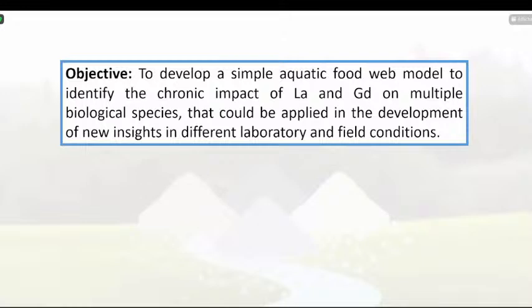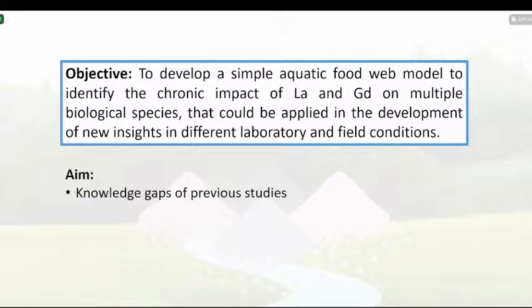So my objective with the development of the food web model is to develop a simple aquatic food web model to identify the chronic impacts of two rare elements, lanthanum and gallium, on multiple biological species, and then this model could be used to apply it in the development of new insights in different laboratory and field conditions.